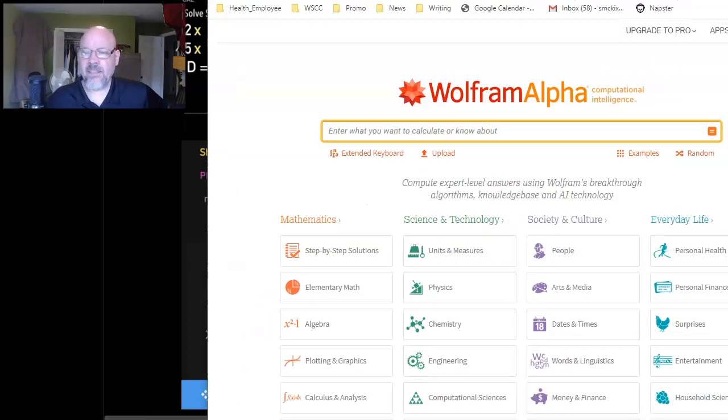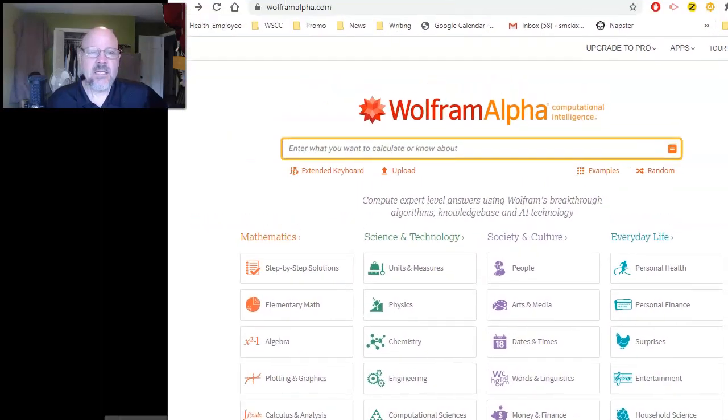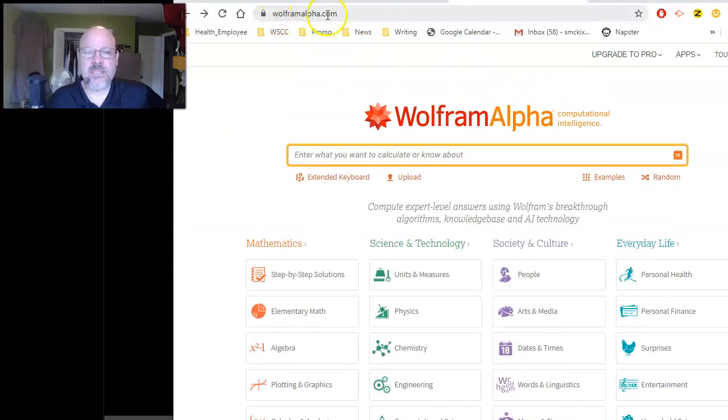And that is here on Wolfram Alpha. Wolfram Alpha is a really cool site, and a lot of what's here is free, which is pretty cool.